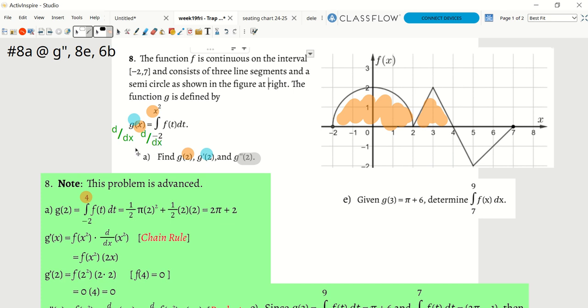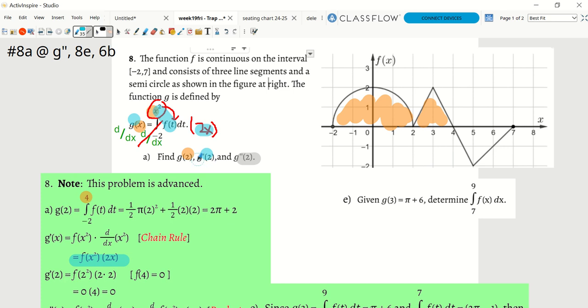Okay, now when you take the derivative of the right side, these cancel, and the x squared drops in here, okay? And remember, since we're taking the derivative of not a clean x, you got to put a 2x there. So that is why we have f of x squared times 2x, like that, okay?